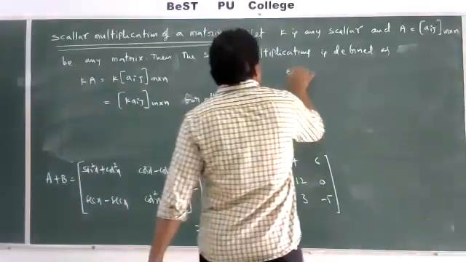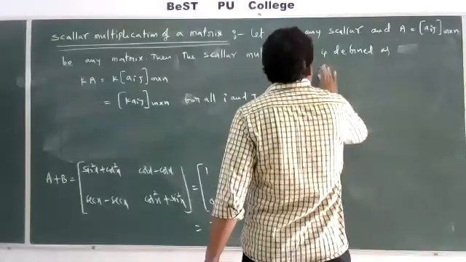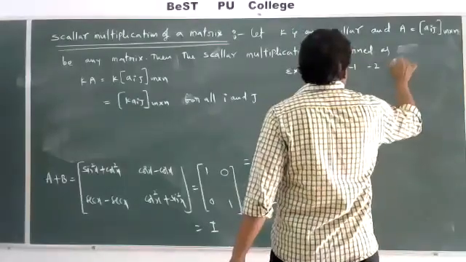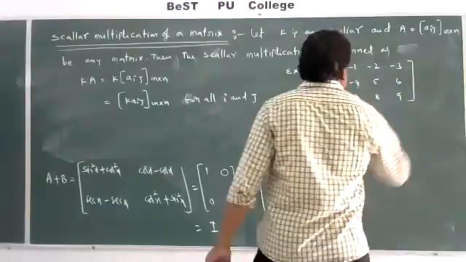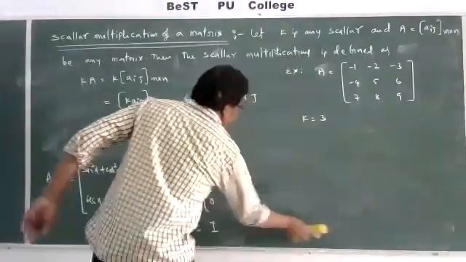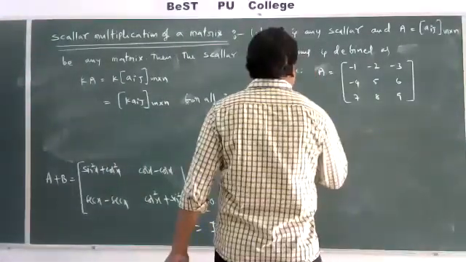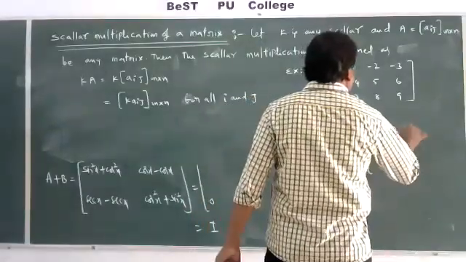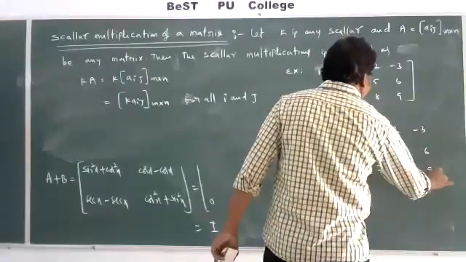Example. A is equal to, you take some matrix, minus 1, minus 2, minus 3, minus 4, 5, 6, 7, 8, 9. And K is equal to some 3. That implies KA is equal to 3 into matrix minus 1, minus 2, minus 3, minus 4, 5, 6, 7, 8, 9.